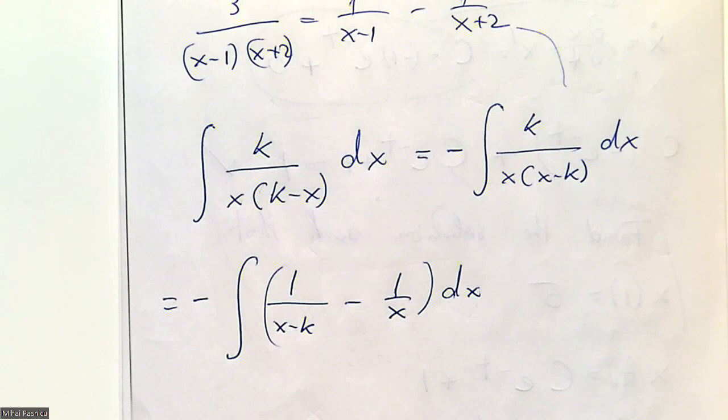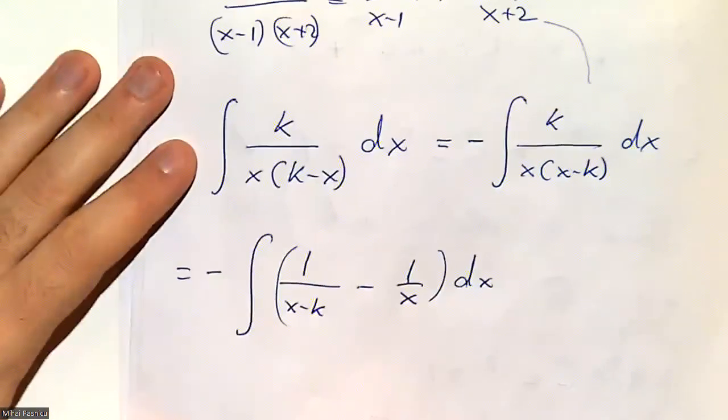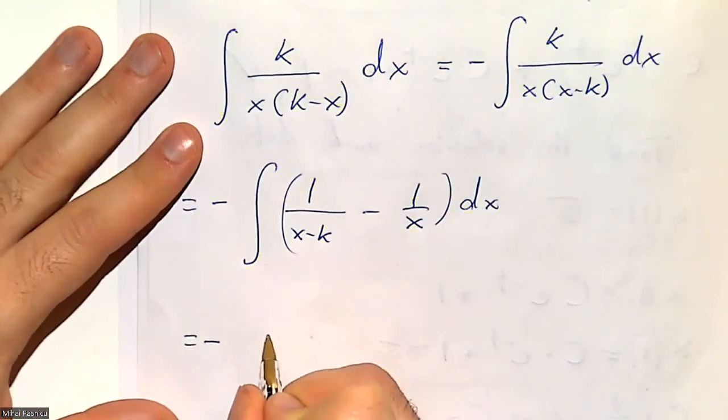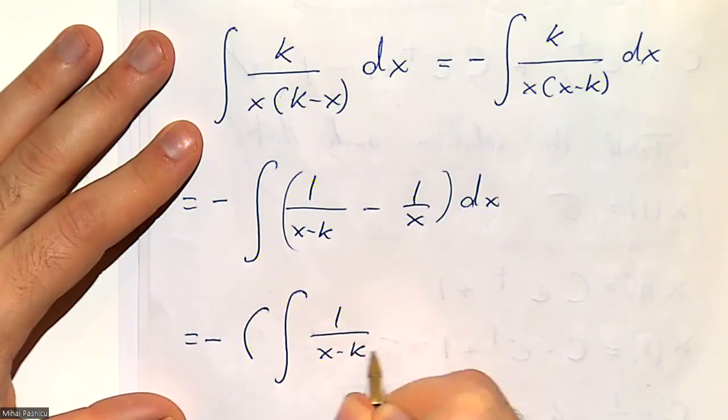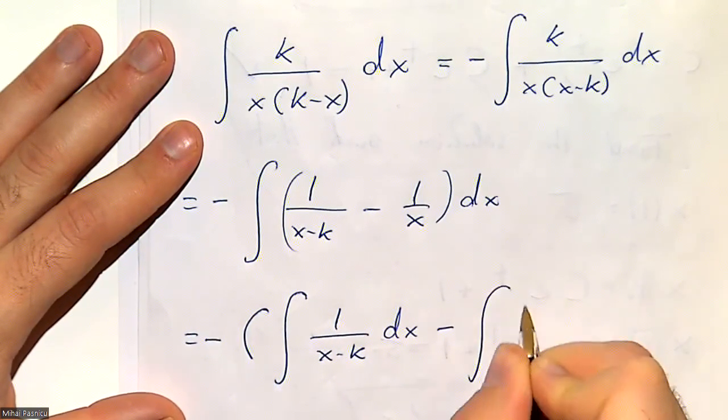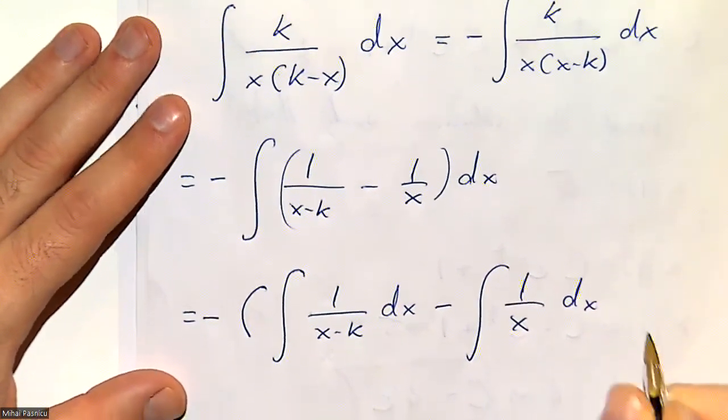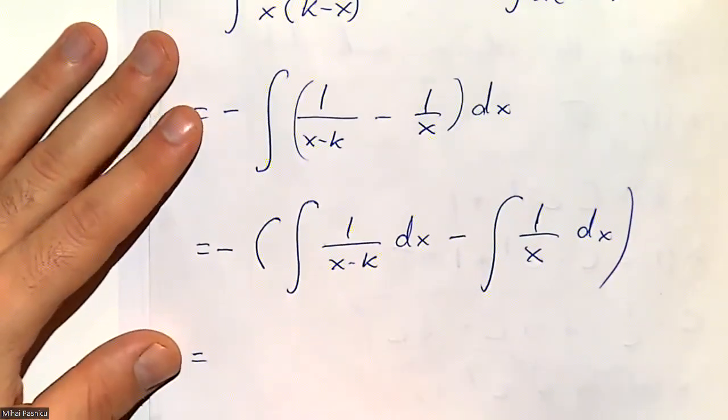Because once you reach this writing, each of these fractions is easily integrable. It's just ln of that thing. So this is minus the integral of 1 over x minus k dx minus the integral of 1 over x dx. And as I said, these are just really, really nice integrals.